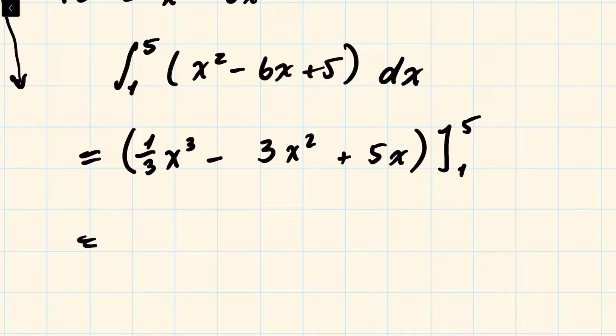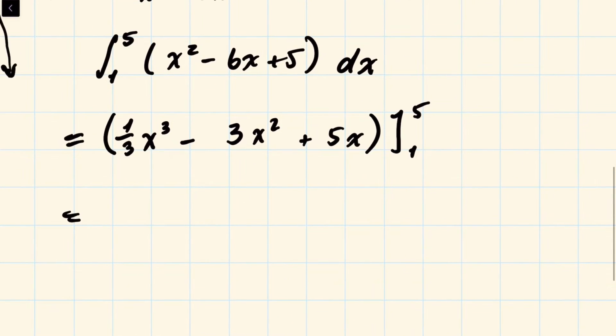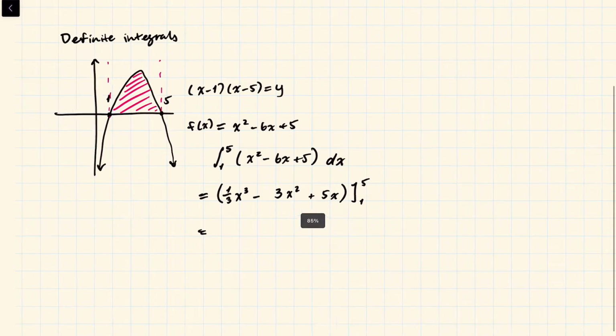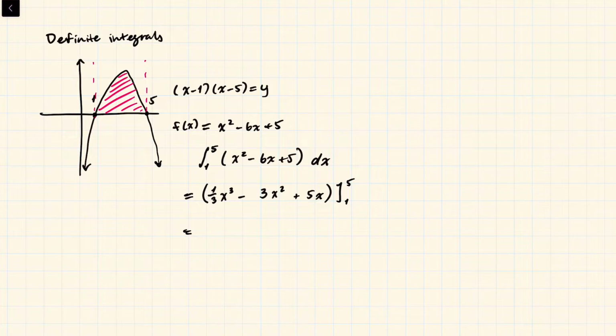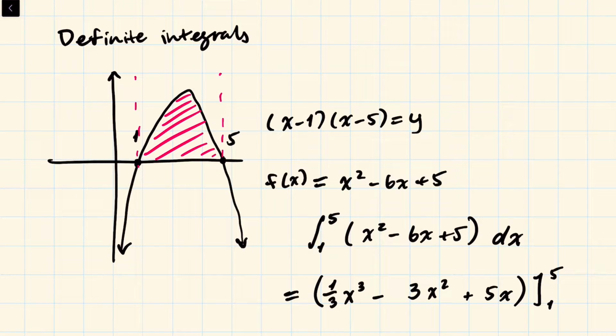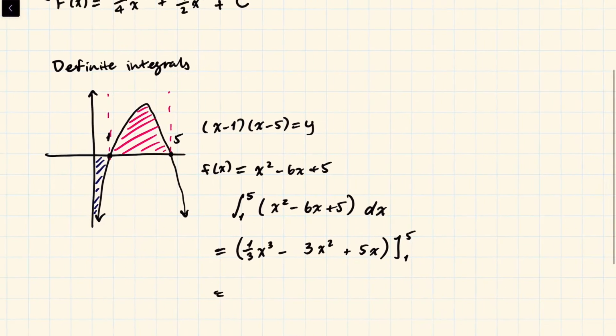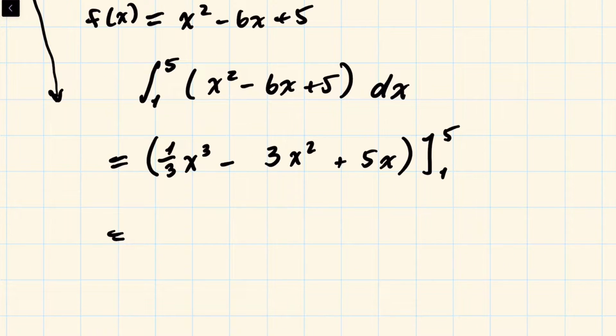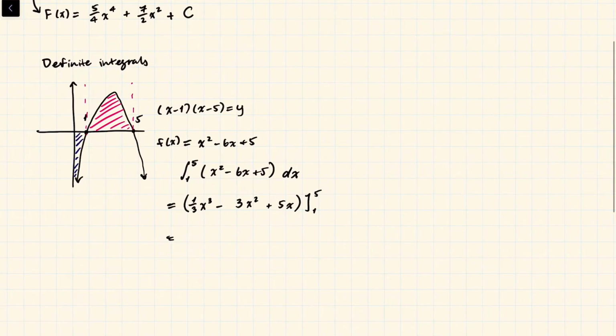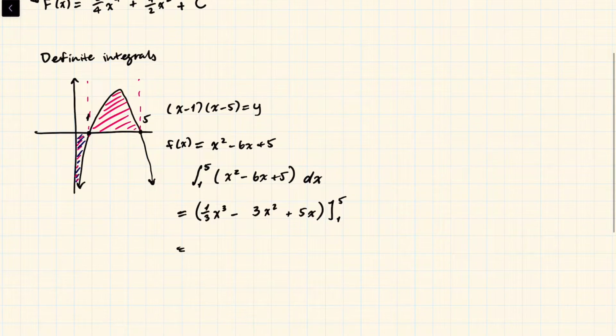Okay, so what we're going to do is write this out twice and sub 5 into it and sub 1 into it. It's like the difference in the area. It's like taking this whole area, the area all the way from 0 to 5, and then subtracting this little area from 0 to 1. So we're going to do that here. Okay, this is actually part of 5, so I'll put pink there too.